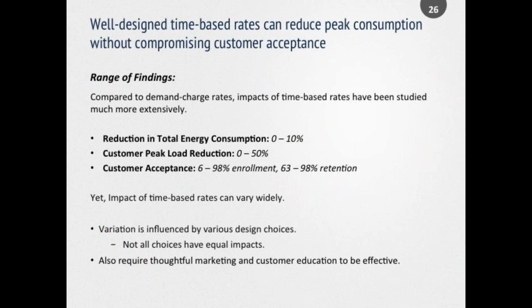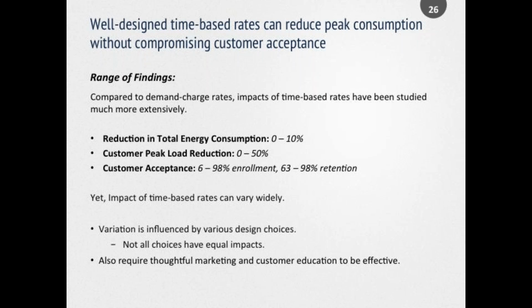For time-based rates, these outcomes and their causality have been oft studied. In our review, we noticed that time-based rates can lead to a reduction in peak load ranging from 0 to close to 50%. Likewise, a reduction in total energy consumption can vary between 0 and 10%. There's fairly high variance in enrollment numbers depending on whether the program is often offered on an opt-in or an opt-out basis.